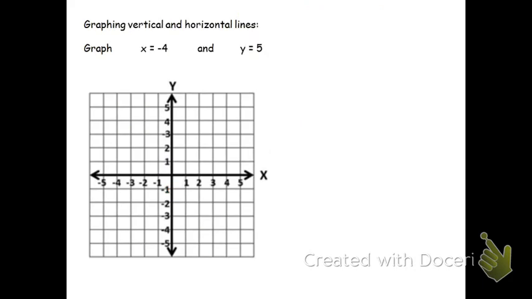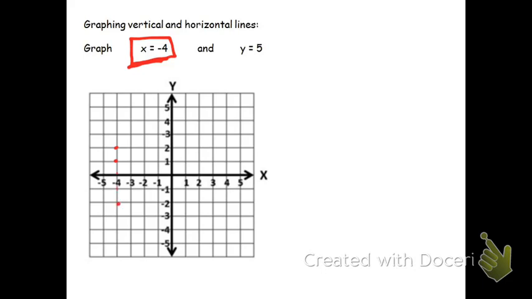Okay, two other situations we have are vertical and horizontal lines. So let's start with our x here. x equals negative 4. Well, what this is telling us is that every point on this line has an x-coordinate of negative 4. So this point has x-coordinate of negative 4, this point, and so on, this point down here, this point.